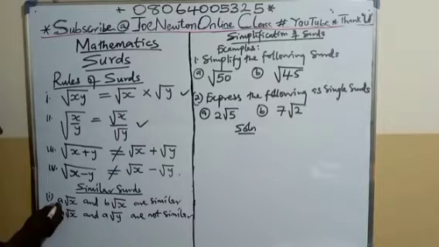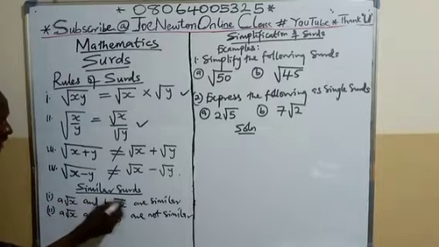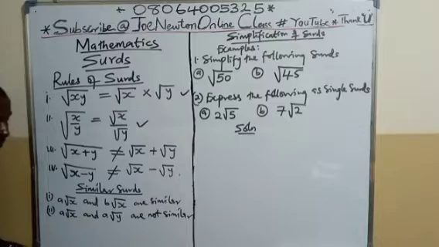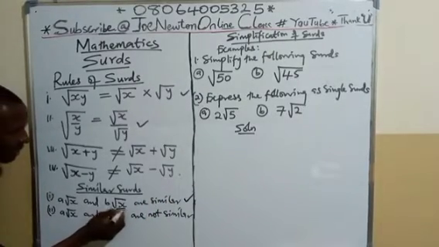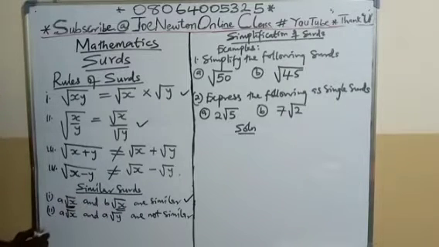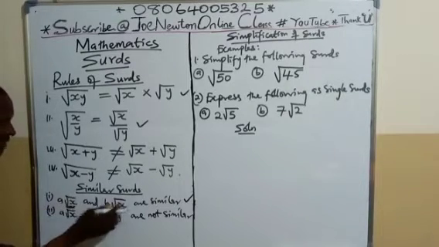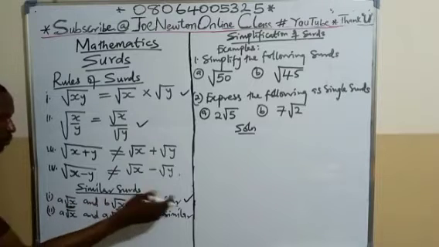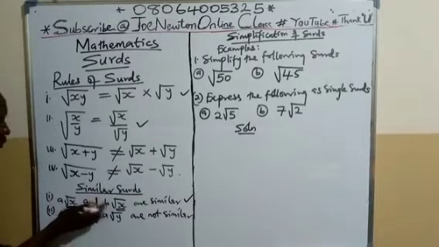So if I have a root x and b root x, they are similar. These two are similar because their irrational parts are the same, not minding the rational part, the one outside.